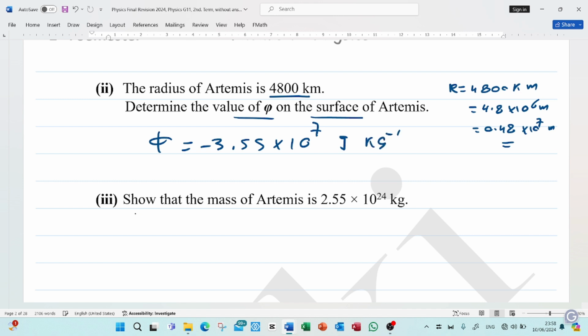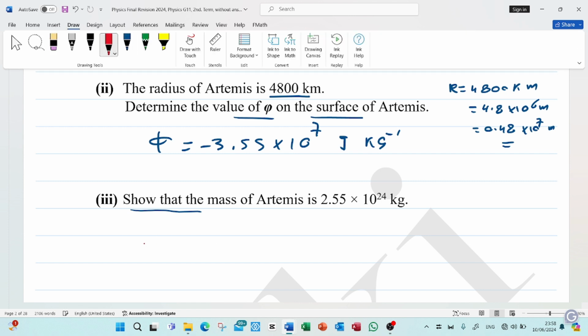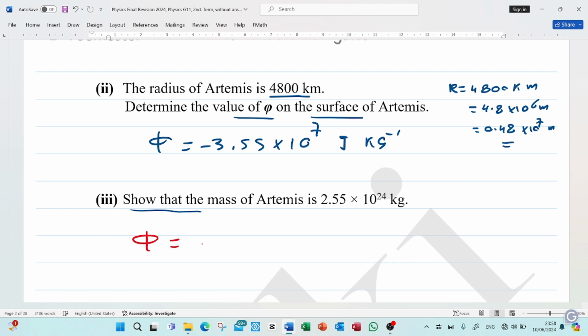Show that the mass equals this value. What is the relation between phi and the mass? From the formula sheet, phi equals negative Gm over r. Rearrange this formula.